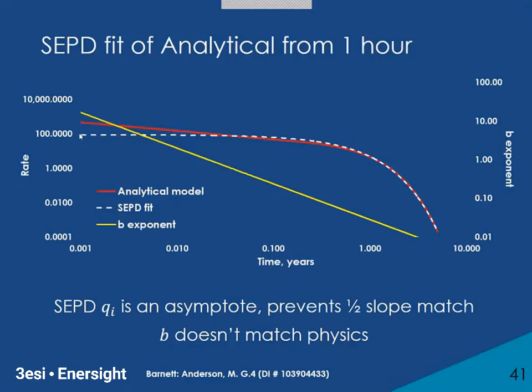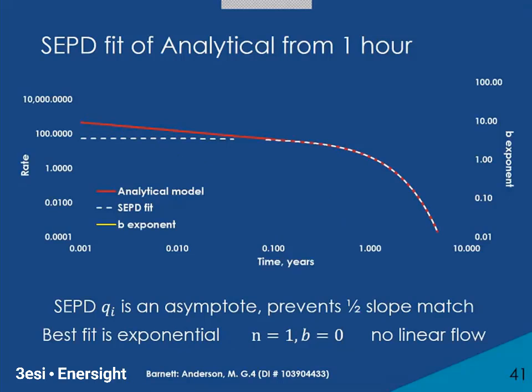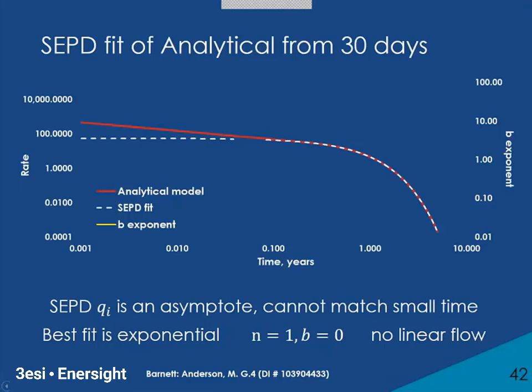And look at the b-value. The b-value is continuously changing. That's not what we expect in the physics. So when people said this is a good equation because b-value is changing, that's only half the story. It needs to change in the right way, and this isn't. So now I'm going to take that same analytical solution, but I'm going to start fitting it at 30 days instead.